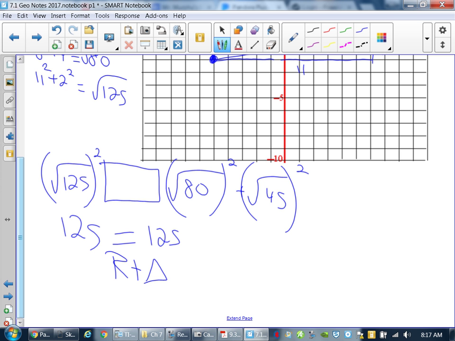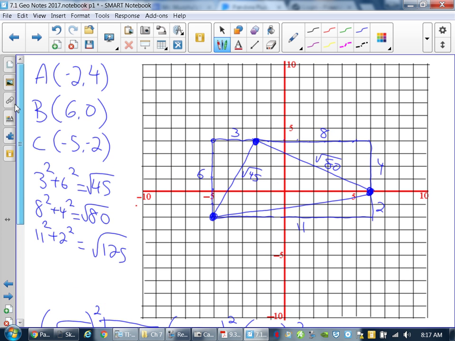So, as you see, yes ma'am? Yeah, because what you're doing here is, when you're on a grid, the easiest thing to follow through on is the vertical to the horizontal, which creates the diagonal. So basically what we're doing here is we're using distance formula without using distance formula.